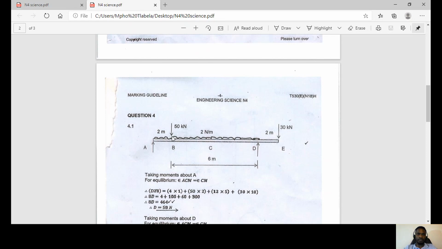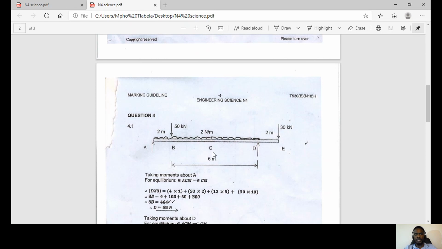And they tell us they've got 2 point loads, 50 kilonewtons and 30 kilonewtons. Right. Then they told us that the 50 kilonewtons is at B, as you can see, put at B, and the 30 kilonewtons is at E, as you have placed them.